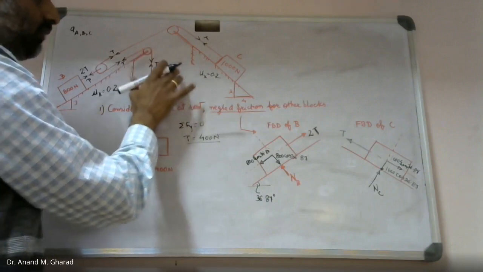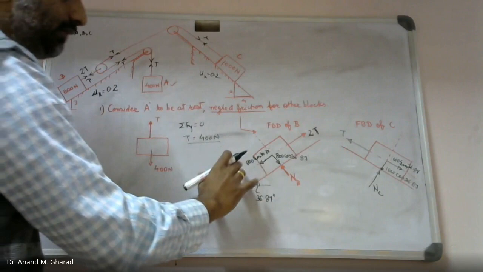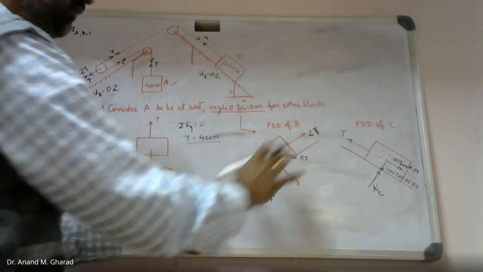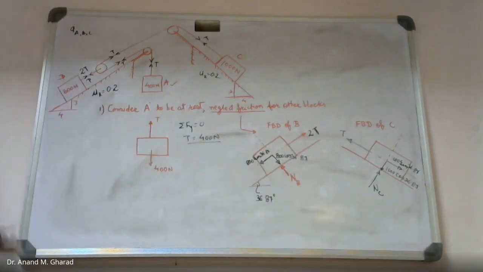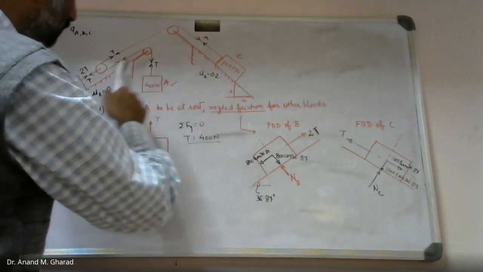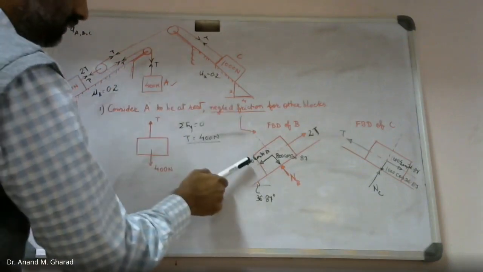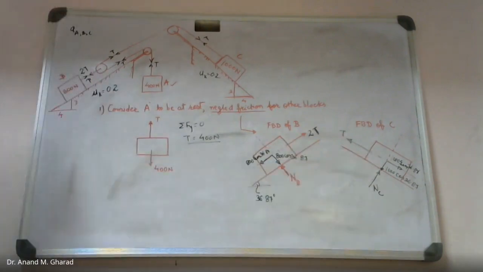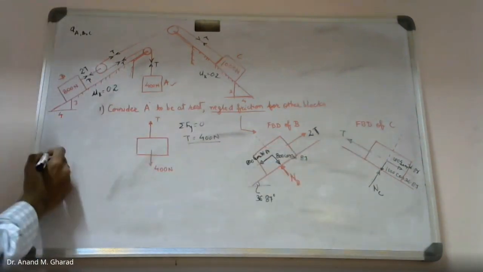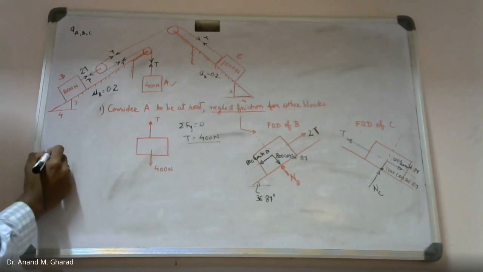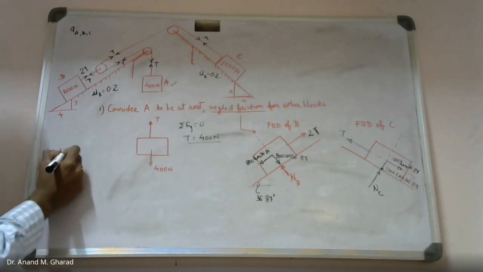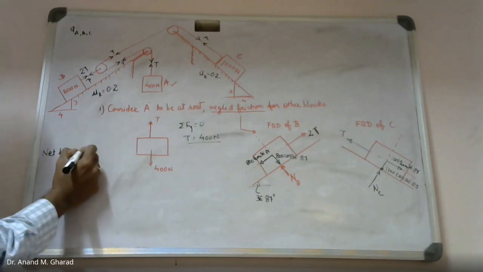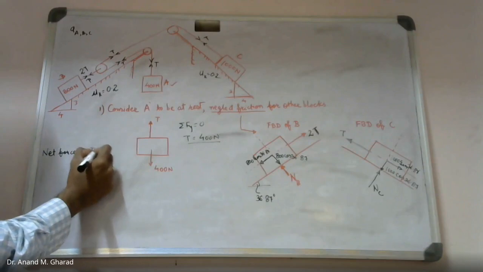Then, with respect to that tension value, identify the net force which will be acting on the adjacent or the connected bodies. So in our case, we have got two bodies for this numerical, this one and this one. So let us try to identify the net force on block B.